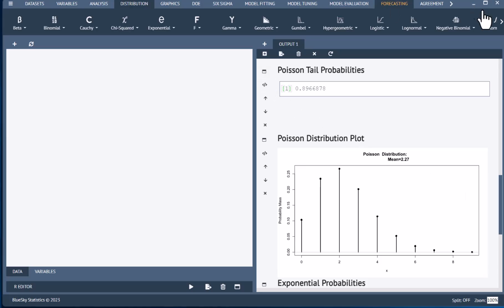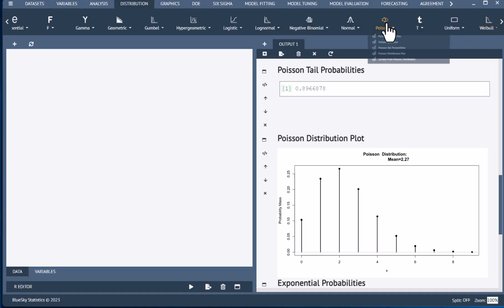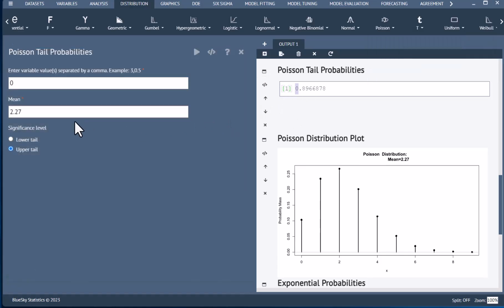So if you go to BlueSky and you choose Poisson distribution, you look at the probabilities of a Poisson, you can enter these numbers, and you want to know the probability of 0 for a process that has a mean of 2.27, the upper tail. You calculate the Poisson probability, and it's identical to the exponential probability.